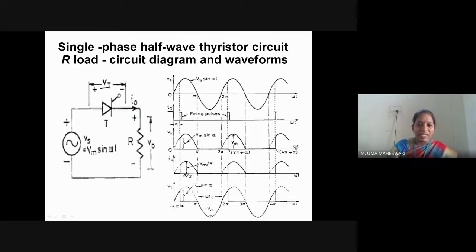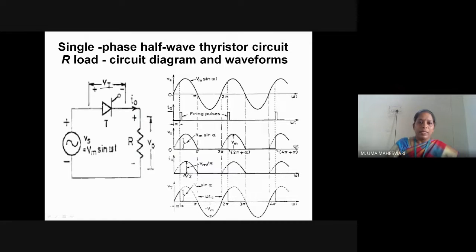At omega t equal to 0 the SCR is forward biased, as a positive voltage is applied to it, and at a later instant the SCR gets triggered. This angle delay is known as the delay angle or firing angle, represented by the notation alpha. Then we'll discuss the output voltage waveform.